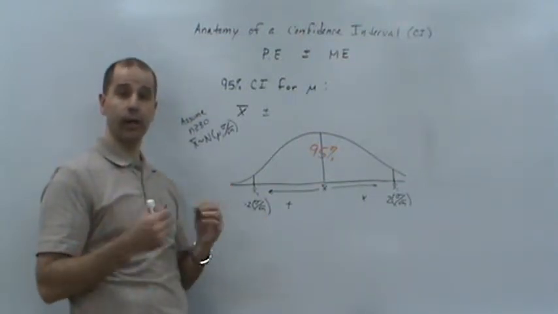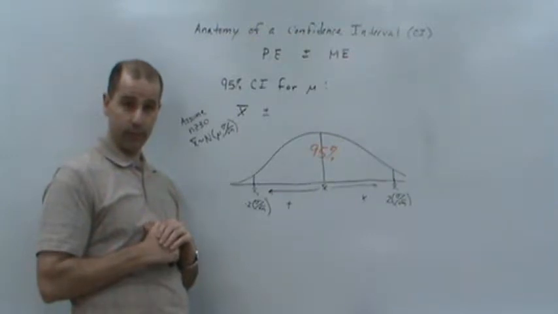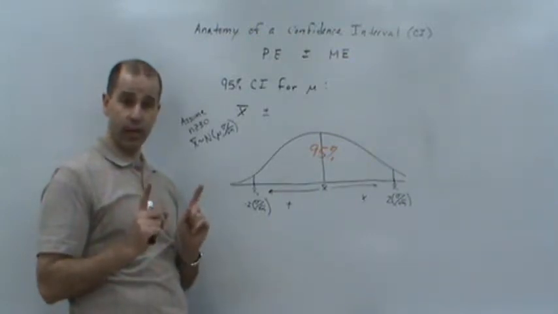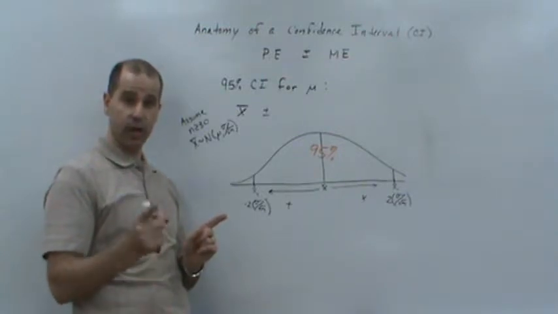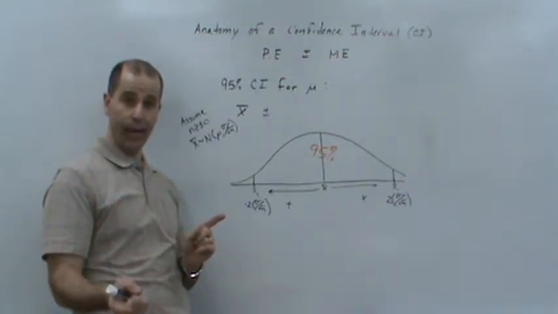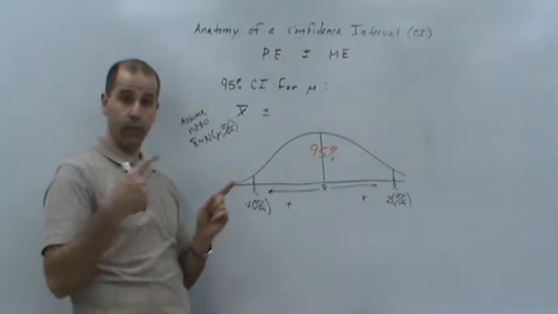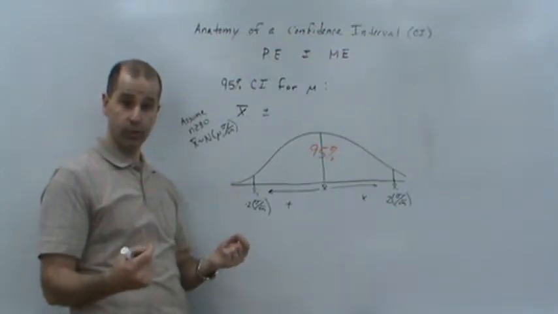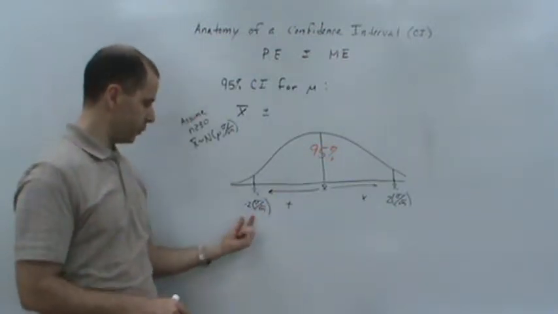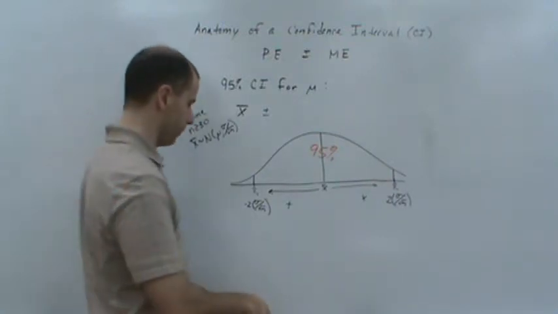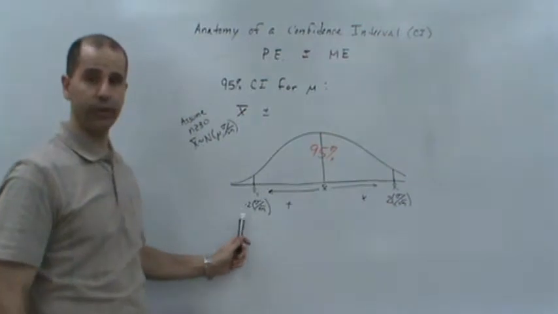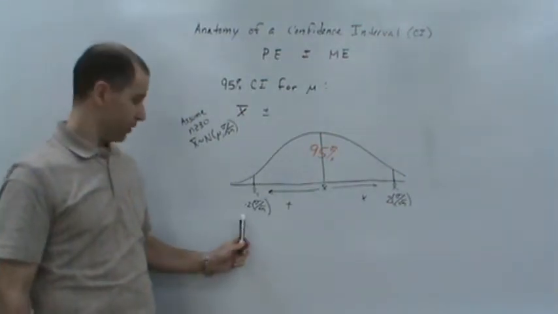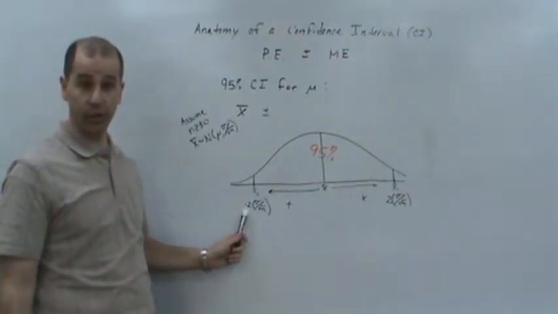Well, that's where Z-scores come in. Because remember what Z-scores tell us: how many standard deviations above or below the mean a particular value comes up. So instead of using 2 here, we're going to replace this 2 with a Z-score. Here the Z-score is 2.